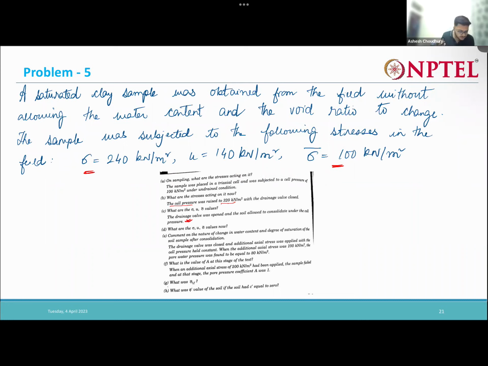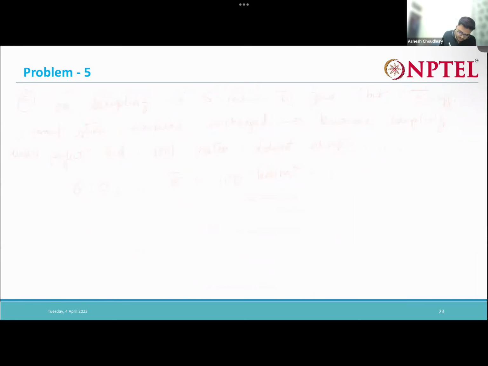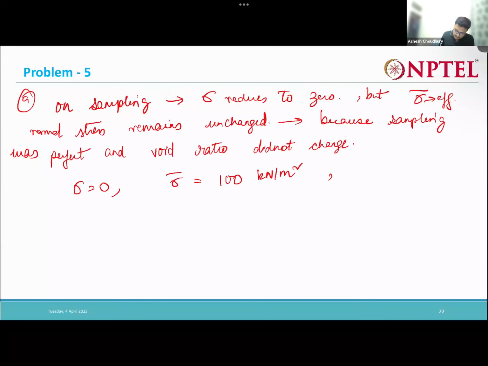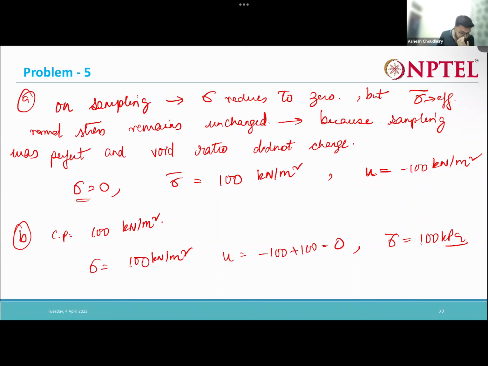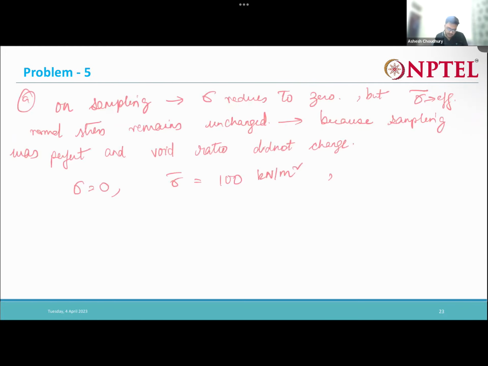Up to 320, you are increasing the cell pressure. So sigma will be equal to 320 now. The total stress will be equal to 320. And this is the undrained condition, right? So my sigma dash will be equal to 100 kPa, and so this will be 200 kPa. Just a second, I will check the values.